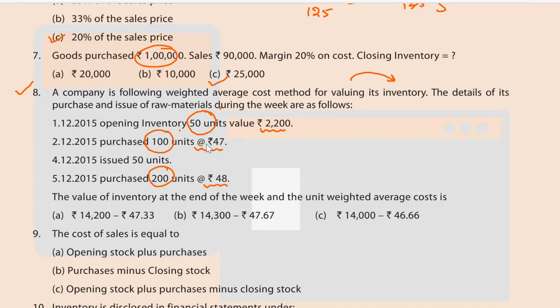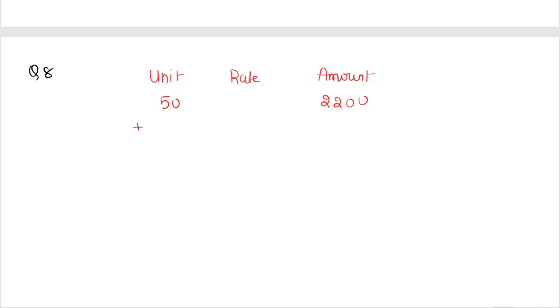Let's write unit, rate, and amount. 50 units is there in the opening stock. The value is 2200. Then there is a purchase of 100 units at 47, 4700.